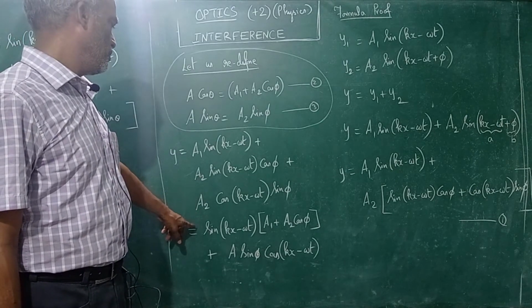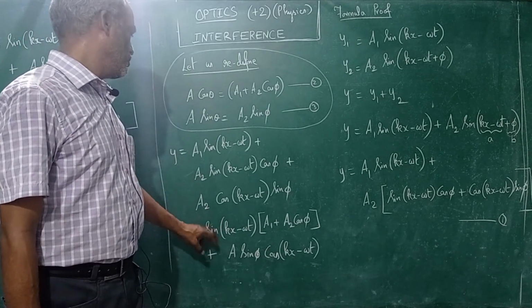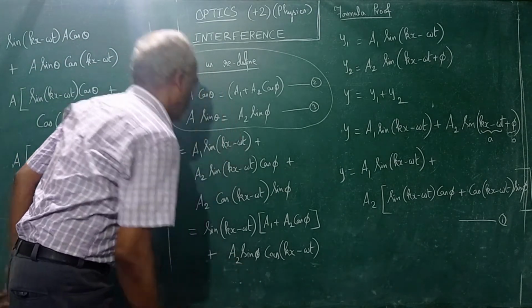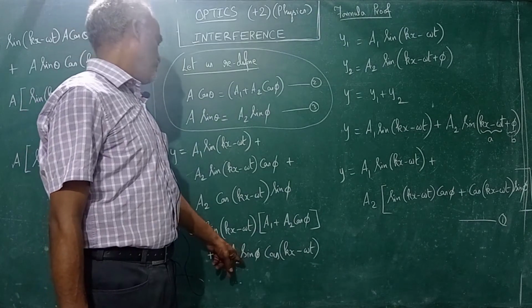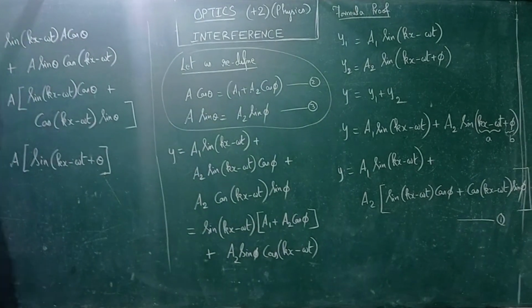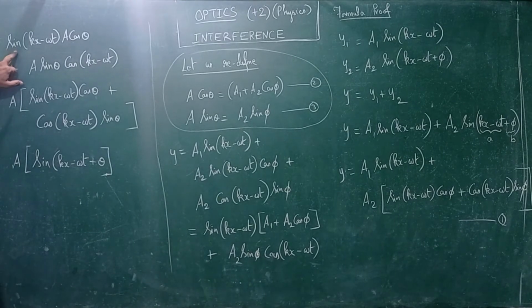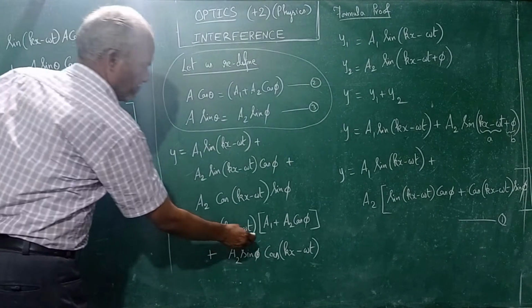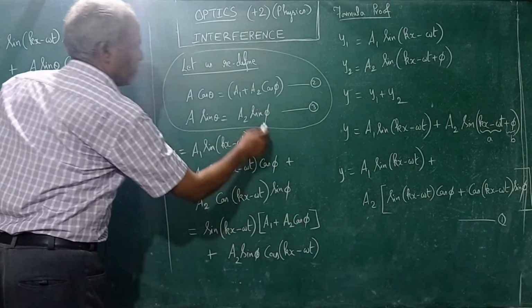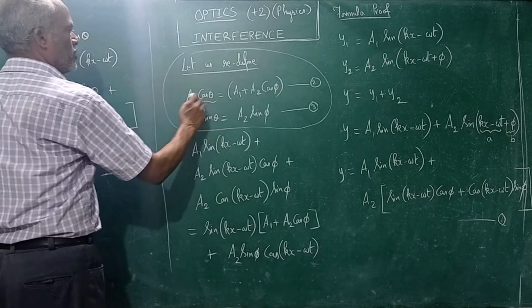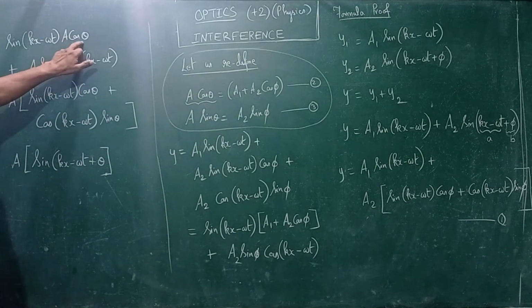a2 sin phi cos kx minus omega t. Now y is equal to sin kx minus omega t, this term, a1 plus a2 cos phi we have defined already. a1 plus a2 cos phi, we are writing it as a cos theta.